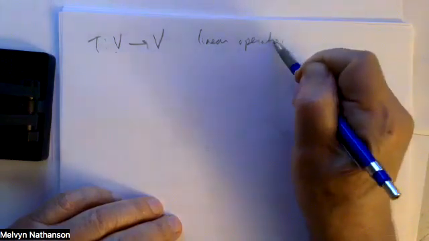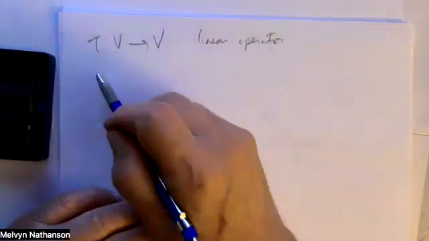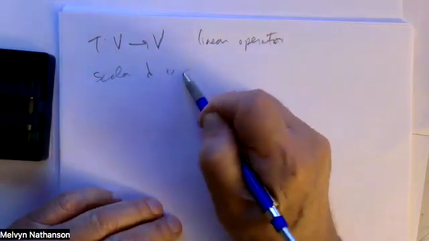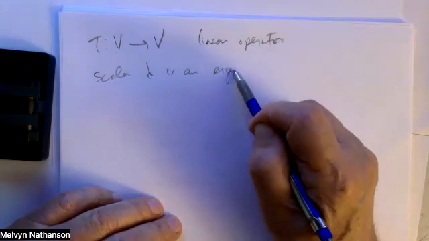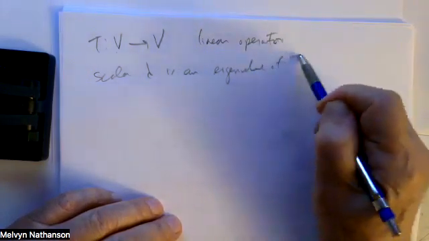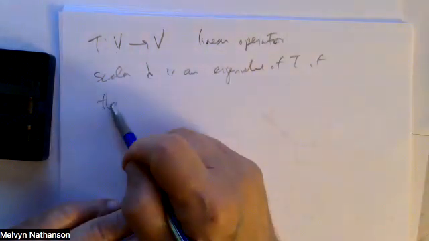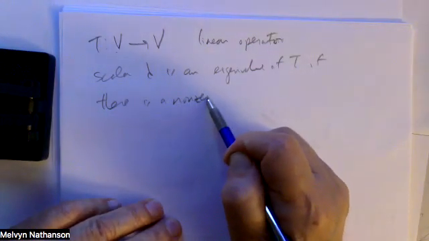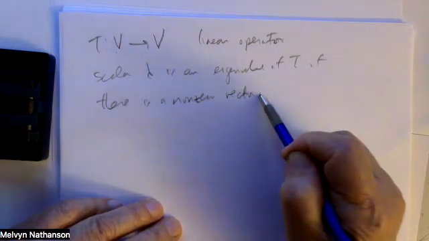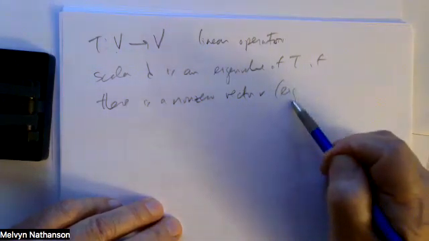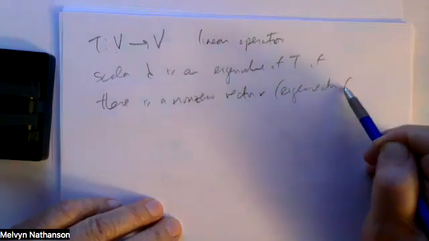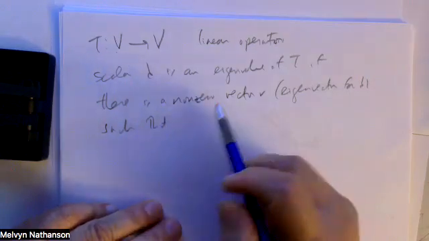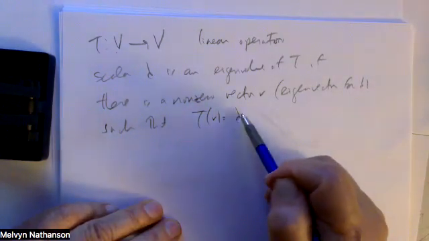And we say that a scalar, lambda, is an eigenvalue of T if there is a non-zero vector V, called an eigenvector for lambda, such that T of V is just lambda times V.